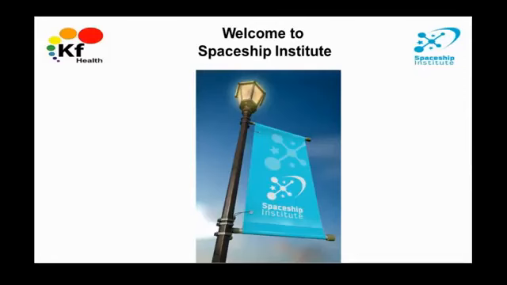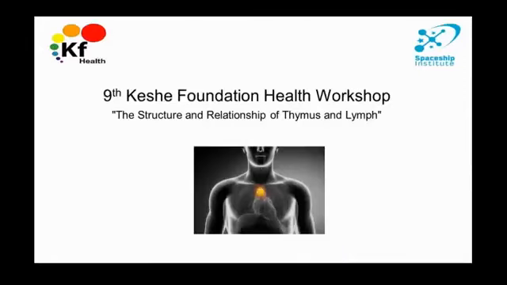In the next slide, again, I want to remind you that this workshop will speak only about the lymphoid order, which derives into two more orders, B and T cells.